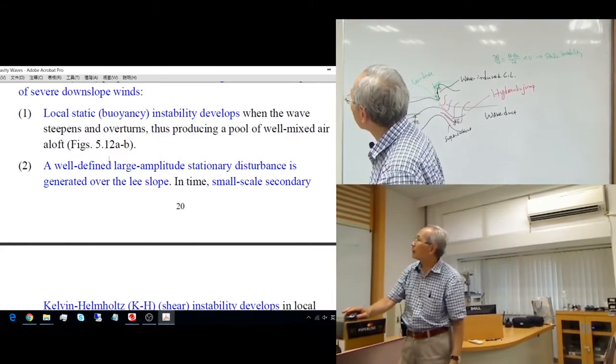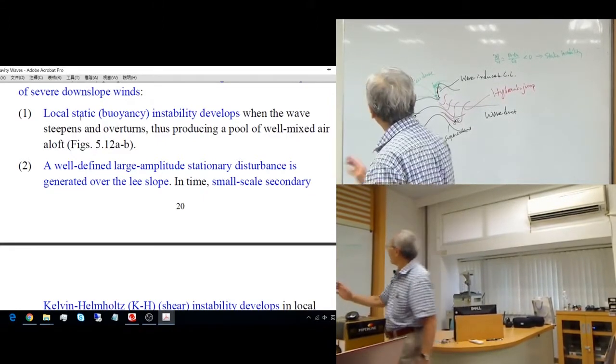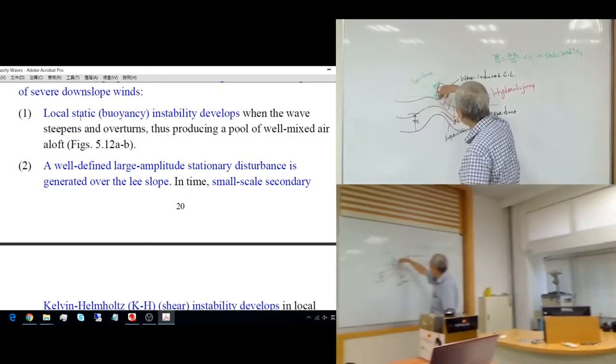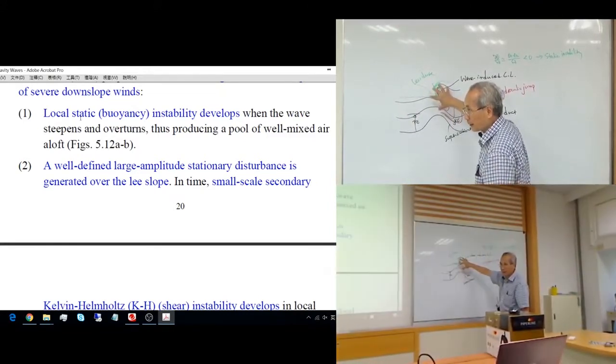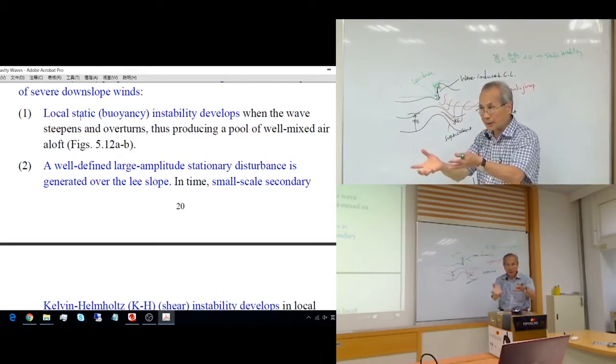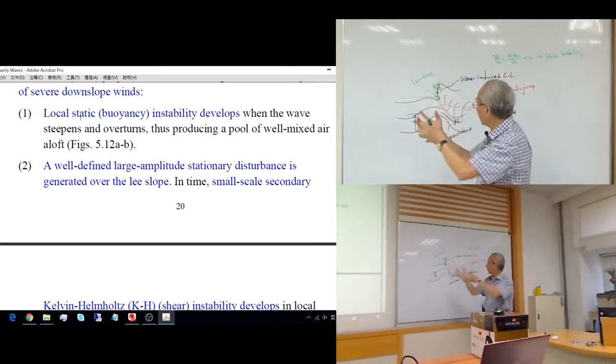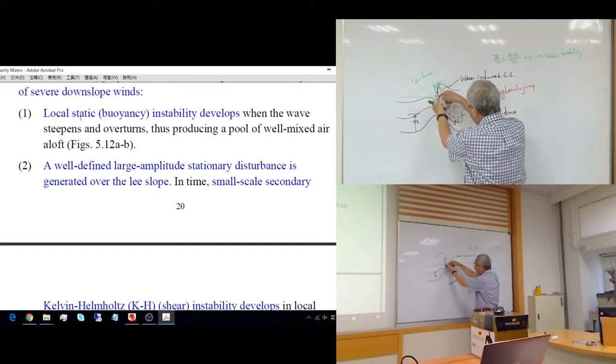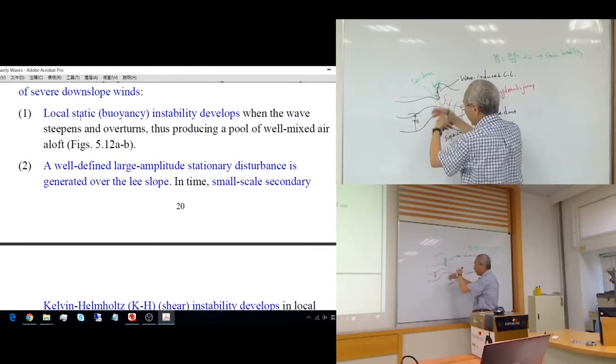So the second thing is, once you get this overturning because of static instability, and static instability is because the denser air is on top of the less dense air, so you get upside down.